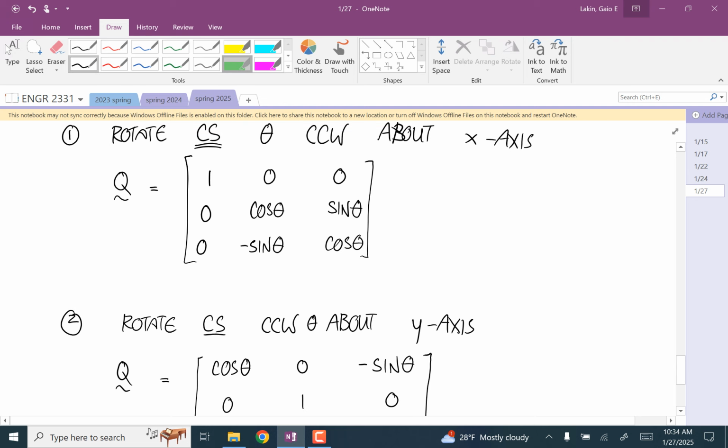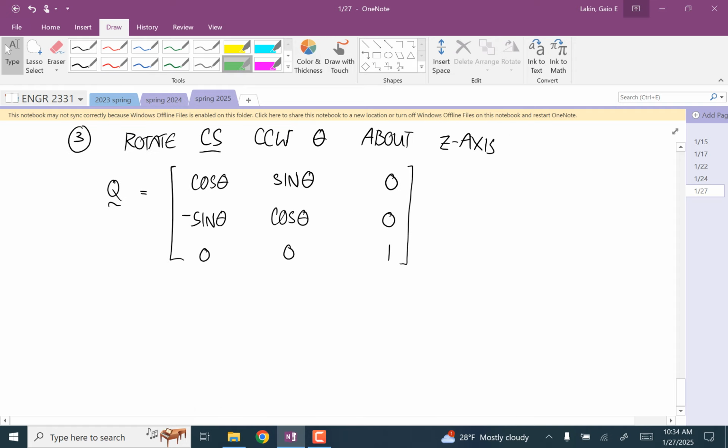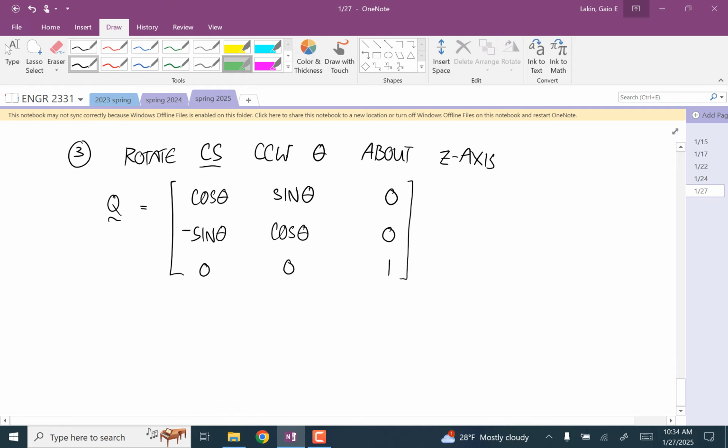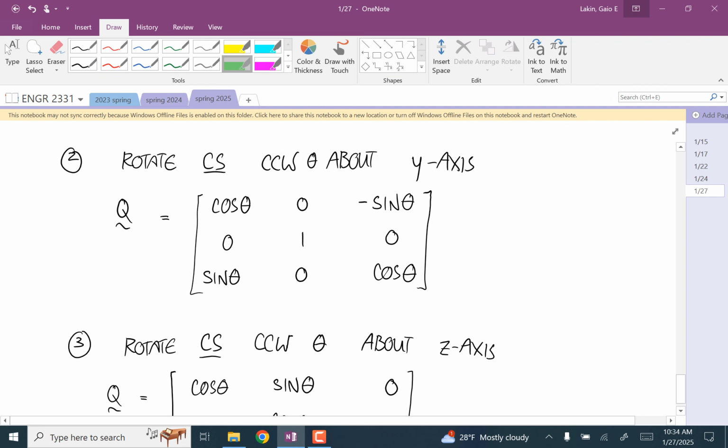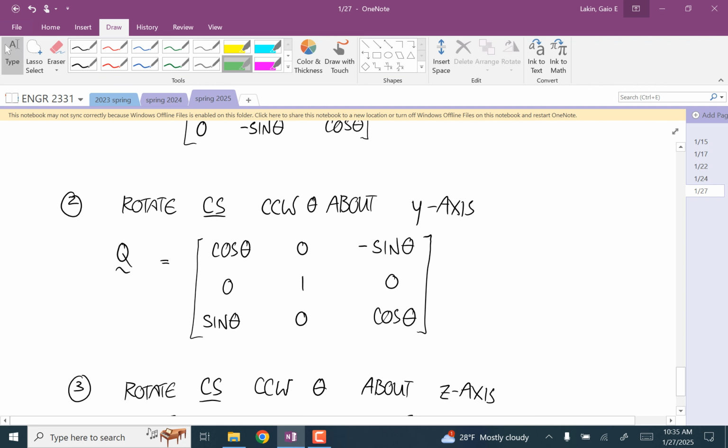And then besides that, look at this: cosine, sine, negative sine, cosine. Look at z: cosine, sine, negative sine, cosine. Then look at y. Y always has to be difficult in everything. Cosine, negative sine, so it switches. Sine, cosine. So it's like transposed. Yep. And it's the same thing with cross product, same thing with everything.